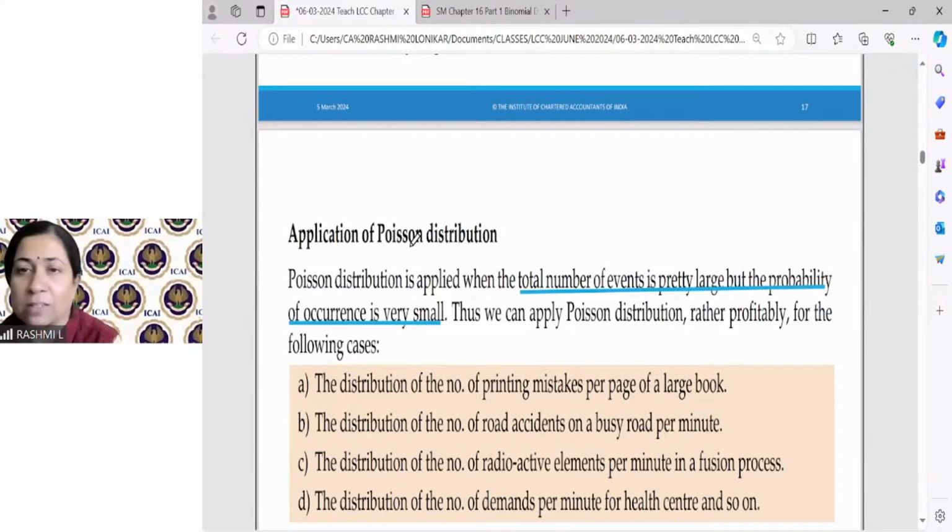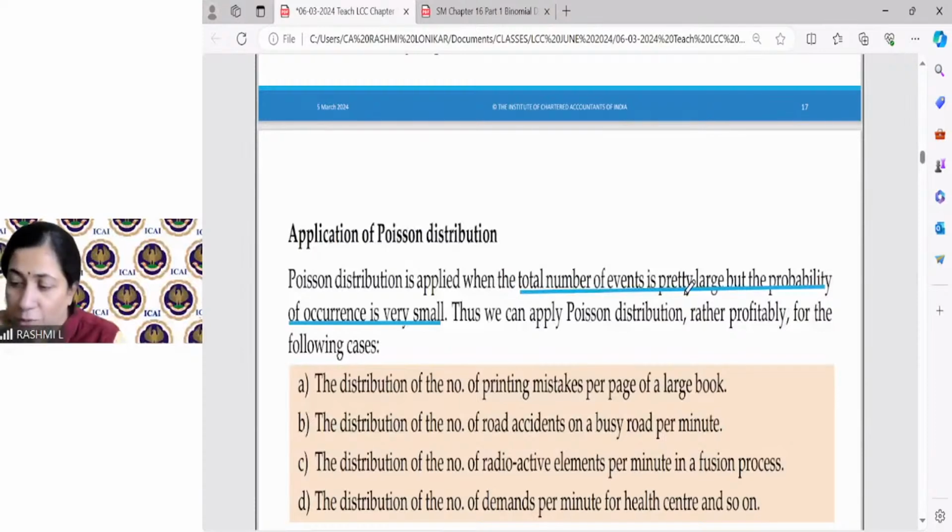For example, finding printing mistakes in a book. The number of pages will be large, and the probability of having a misprint is small. So p is small, n is large, but n into p is finite. So I have a Poisson distribution.